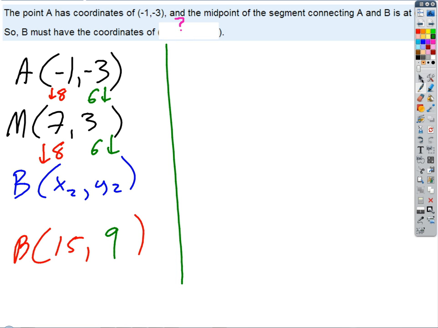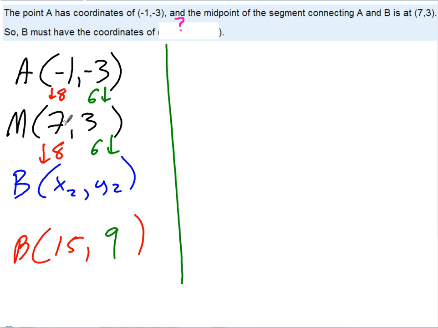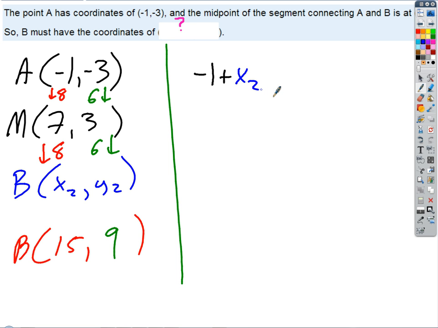There is an algebraic way to do it that some people prefer, and that's fine. We know that 7 has to be, that's the midpoint, right? The x-coordinate of the midpoint. So 7 has to be the average of the x-coordinates of the two endpoints, right? So we could just write that equation down. In other words, -1 plus whatever x2 is, divided by 2.